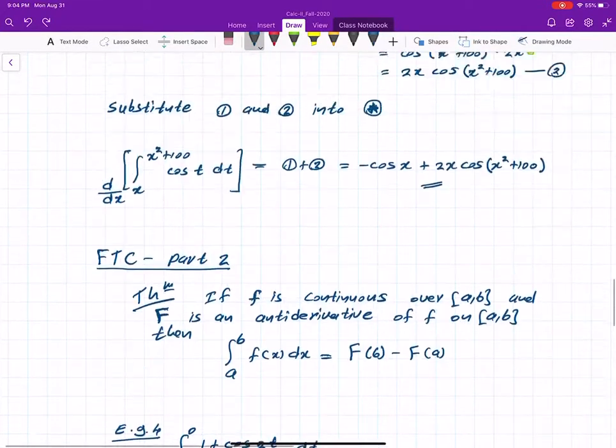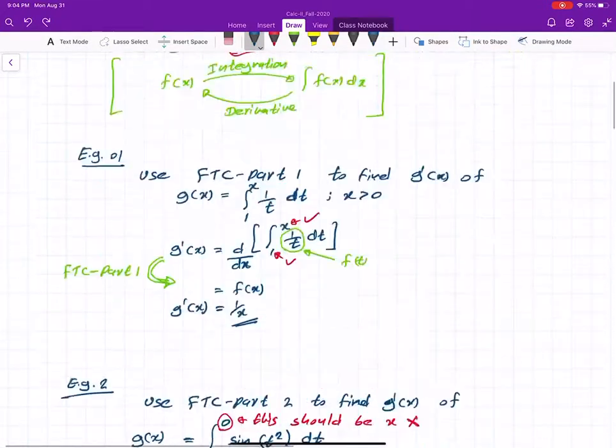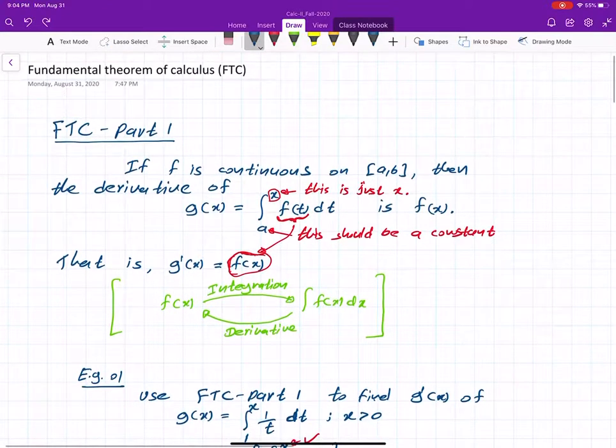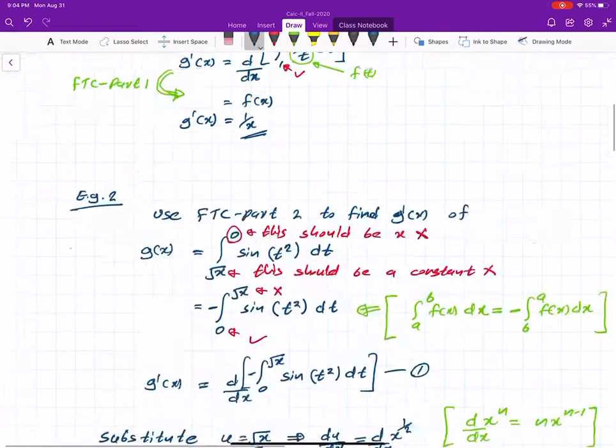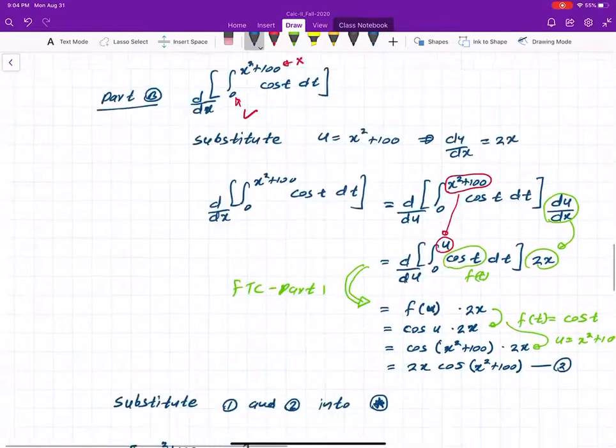Then we move to fundamental theorem part 2. Let me put this in a box.